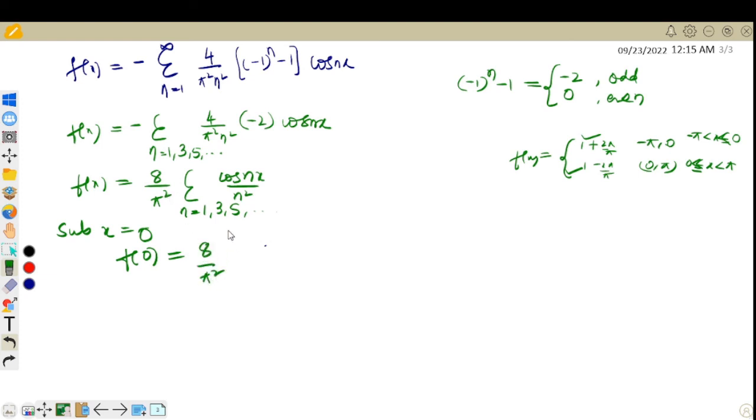8 by pi square, substitute the n values and observe. n is 1, you will get cos x by 1 square, cos 3x by 3 square, plus cos 5x by 5 square, plus so on.